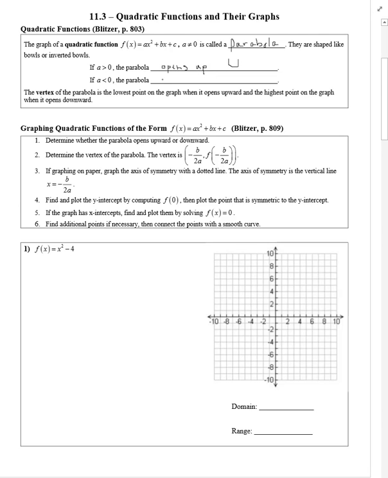If a is less than 0, then the parabola opens down. And so it looks like that. The vertex of the parabola is the lowest point on the graph when it opens upwards, so here, and the highest point when it opens downwards, so about right there.